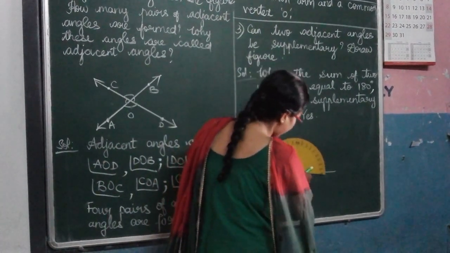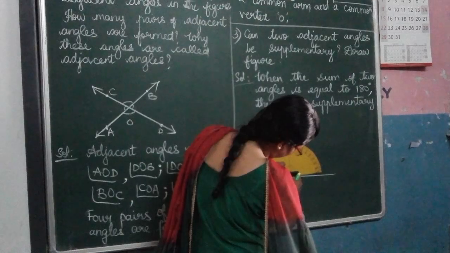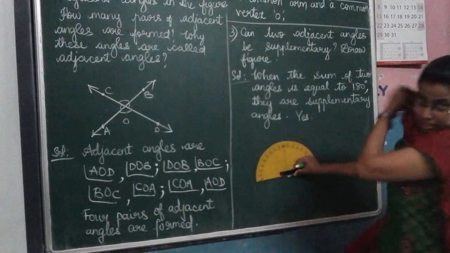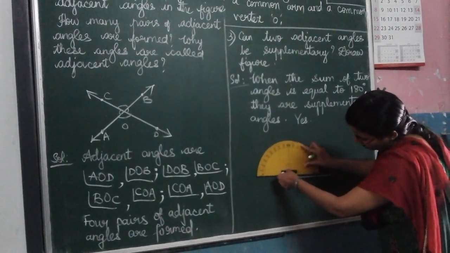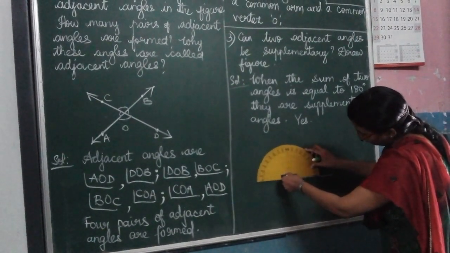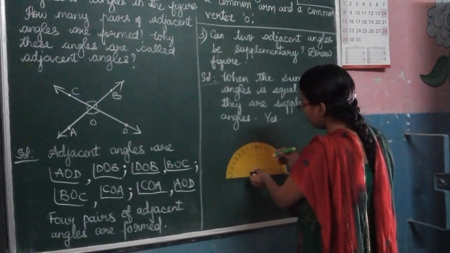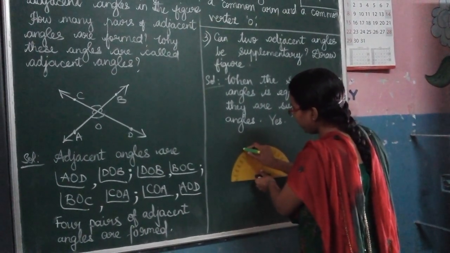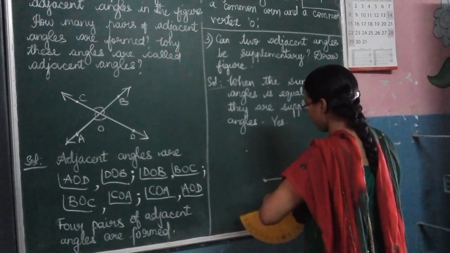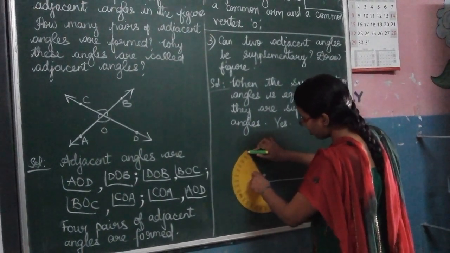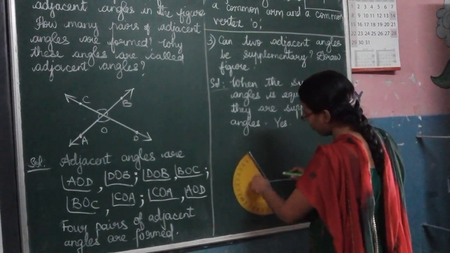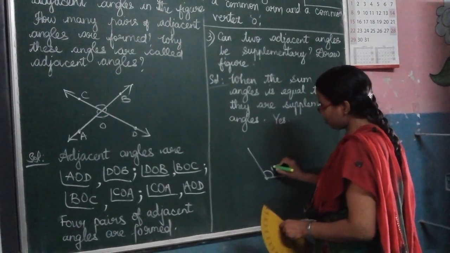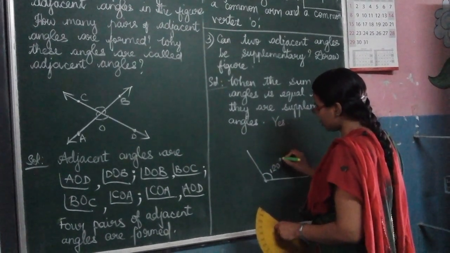Now I am taking an example. Here I have kept the center of the protractor, and then I have marked 120 degrees. Then you can use your scale or protractor to draw. This is 120 degrees.